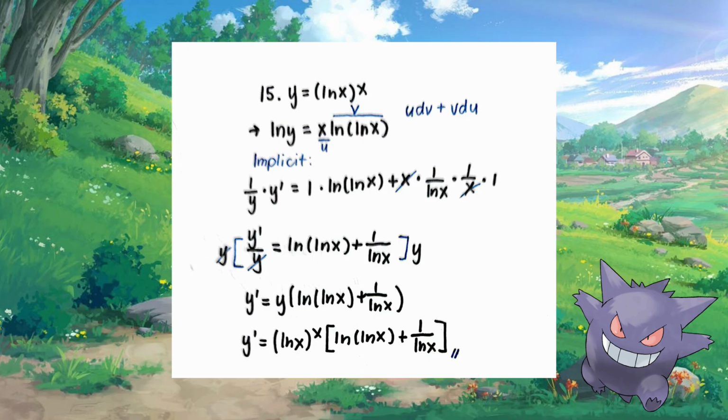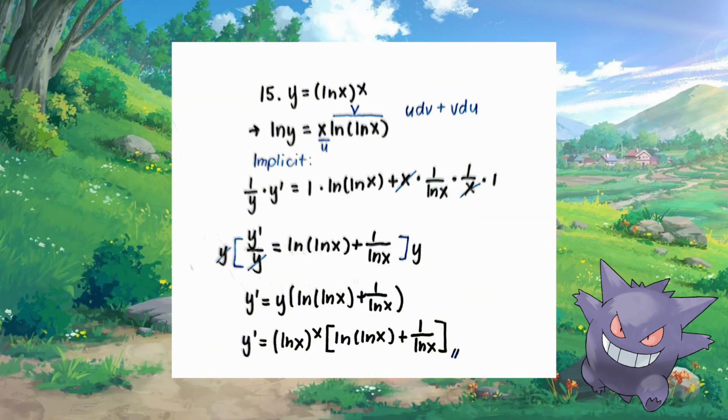And then the equation will now become y prime over y is equals to ln of x plus 1 over ln of x. And then we can now multiply both sides by y to cancel the denominator y on the left side, and y prime remains.